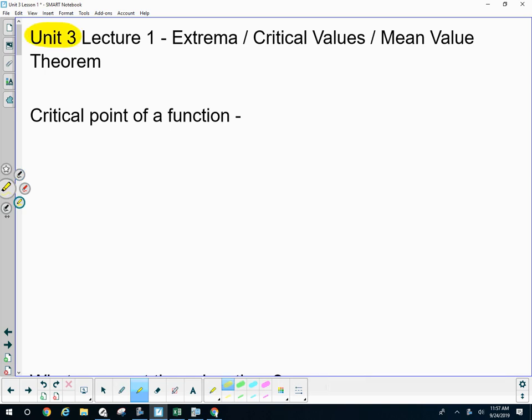All of Unit 3 falls under what we call function analysis.